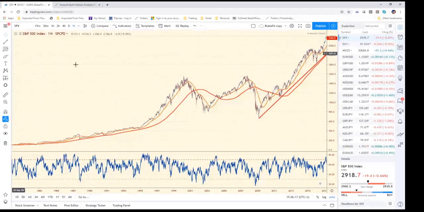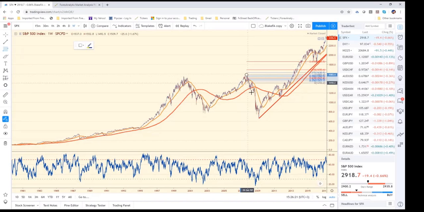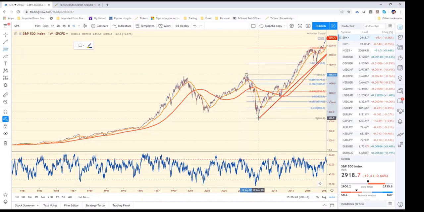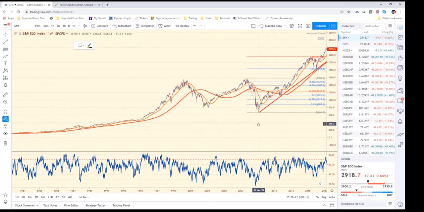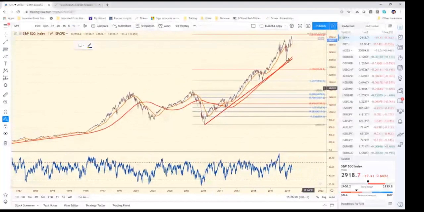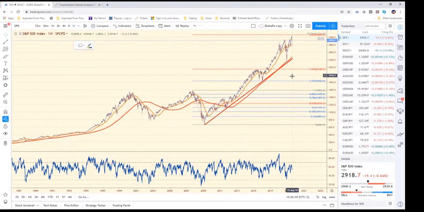If you take this move, the financial crisis move, right, from 07 to 09, you'll notice that just above where we're currently at in the S&P is a 261% Fibonacci extension, which for me is a very, very significant extension in the market. So we came within striking distance of that level in the S&P.